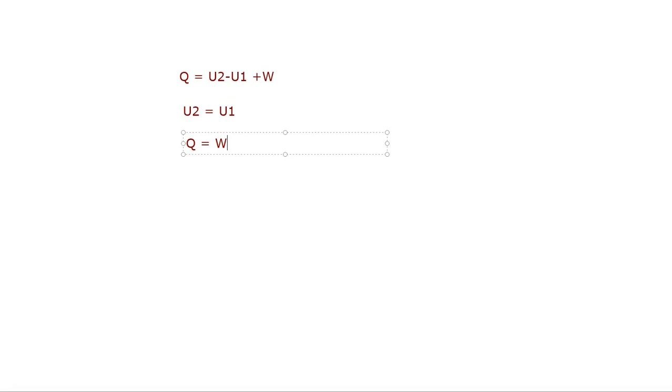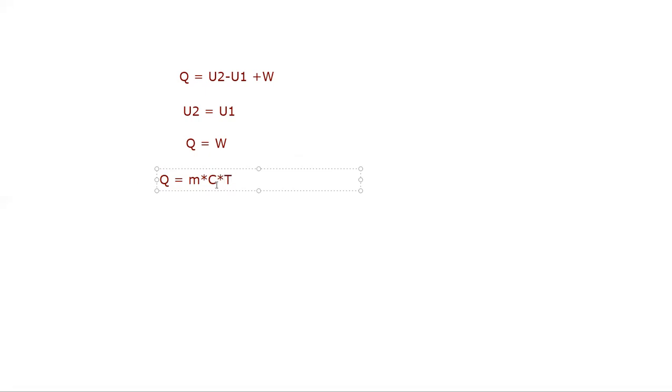Now here in isothermal change, since the change in temperature is zero, what do we know? We know that Q is equal to mass into specific heat into change in temperature.